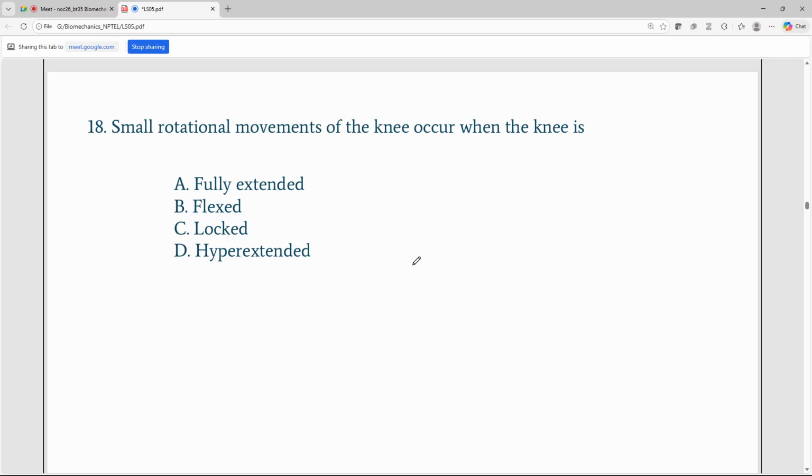Next question. Small rotational movements of the knee occur when the knee is option A fully extended, option B flexed, option C locked, option D hyperextended. When will the small rotational movement of the knee occur? When it is fully extended, flexed, locked, or hyperextended?